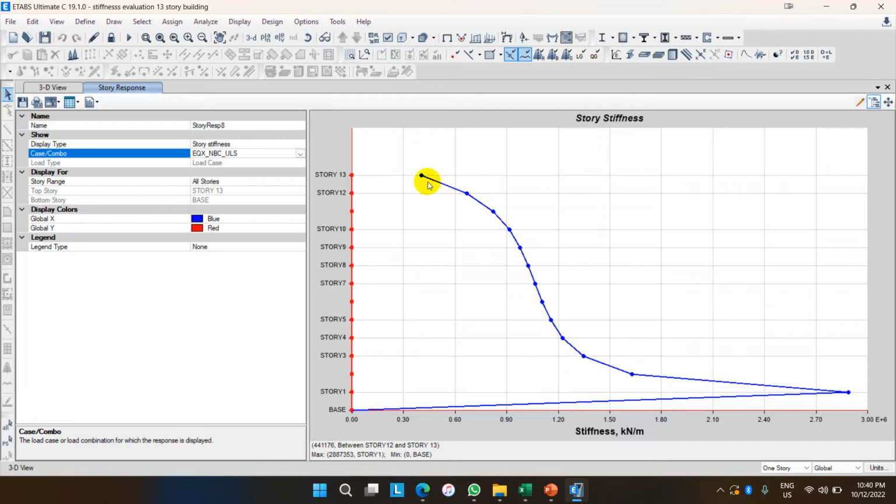We can see that the story stiffness is decreasing along the height of the structure and is maximum at the ground floor or first story, the bottom story of the structure. So the story stiffness will be evaluated manually and that manual stiffness compared with this value in this video.